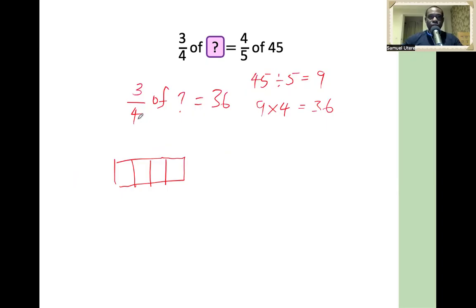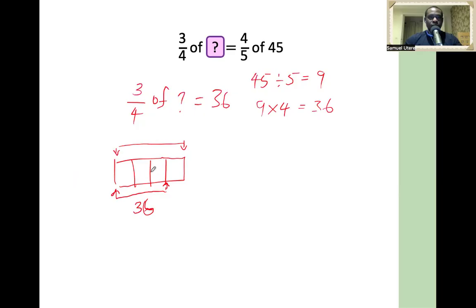So 3/4, remember the denominator always tells us how many we have split things into. So 3/4 of the full amount, which we don't know, is equal to 36. So we don't know the full amount. That's what we're looking for. All right. But we're told 3/4 of that, which is 3 parts, is equal to 36.